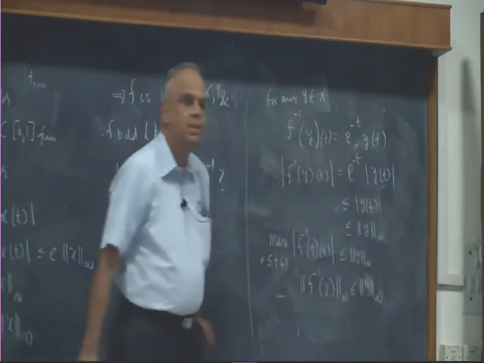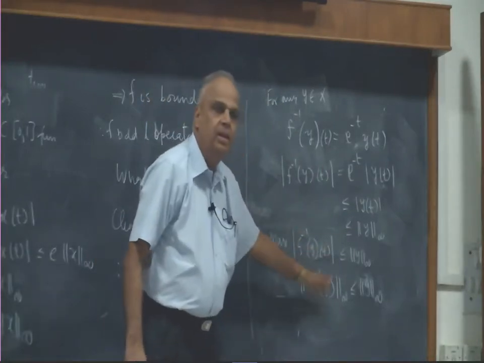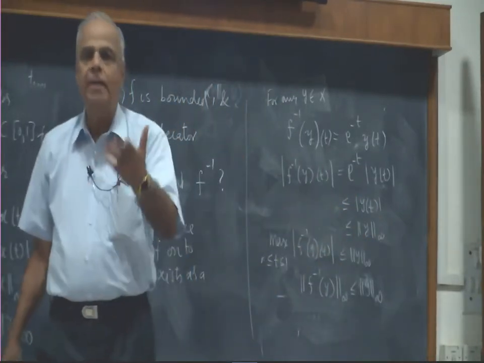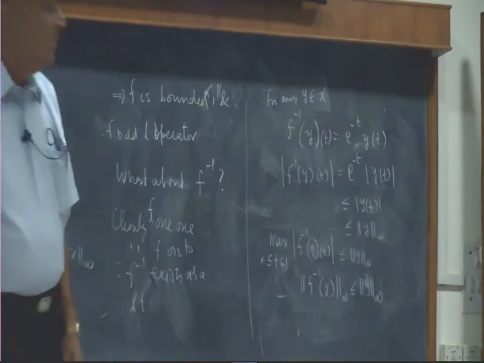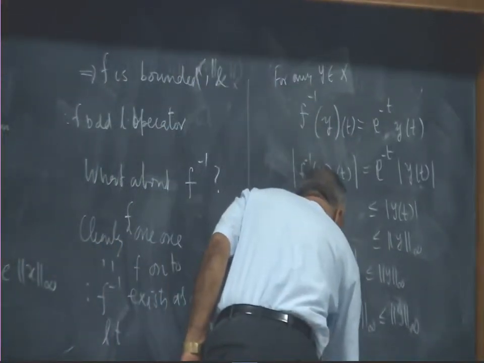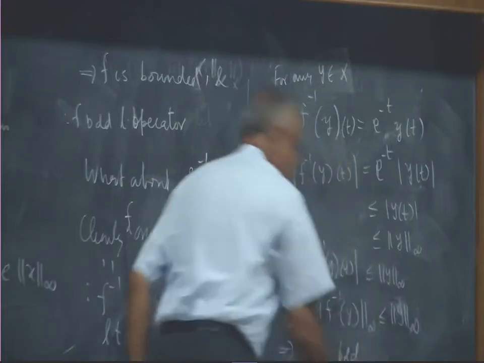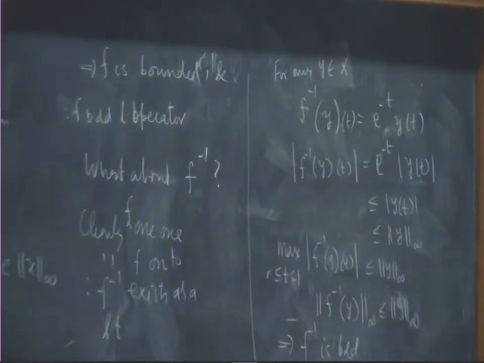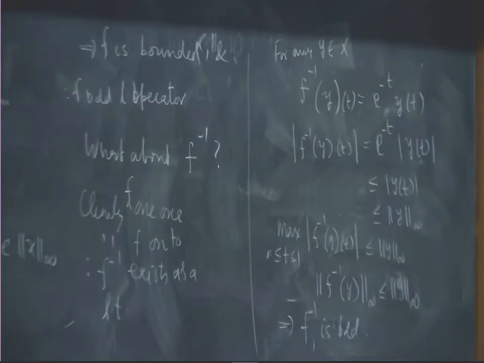That says the changed length is less than or equal to 1 times the original length, and therefore f inverse is bounded.